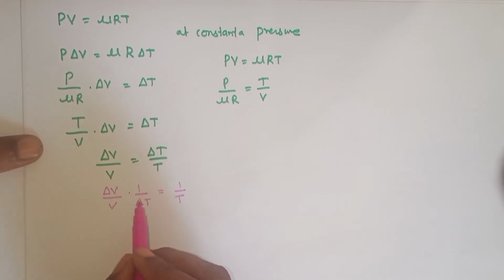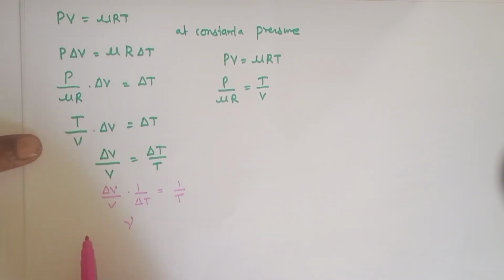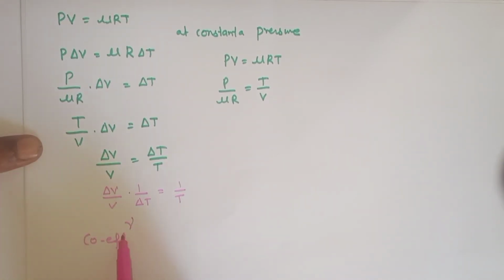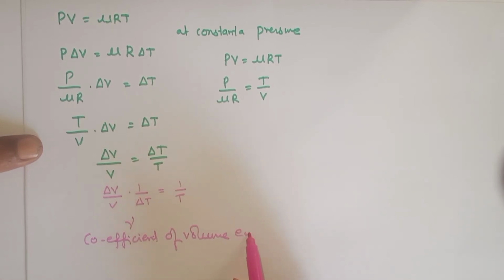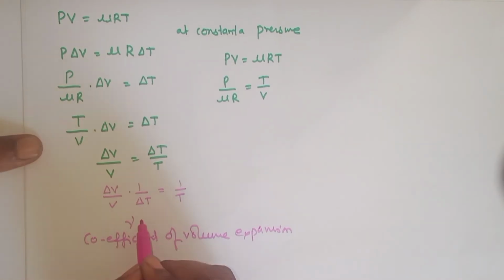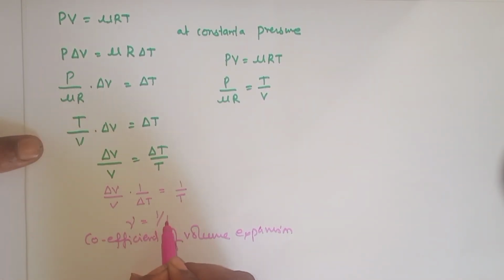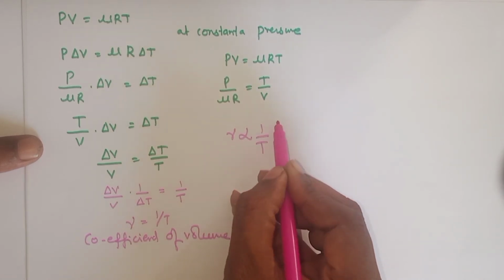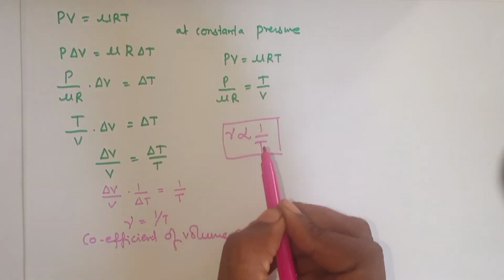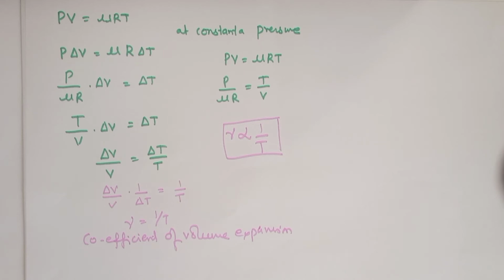Fractional volume change by delta T. This is gamma, the coefficient of volume expansion. Just now we have seen coefficient of volume expansion. Gamma is 1 by T again. So what do you conclude? Gamma is inversely proportional to temperature. Gamma is dependent on temperature.